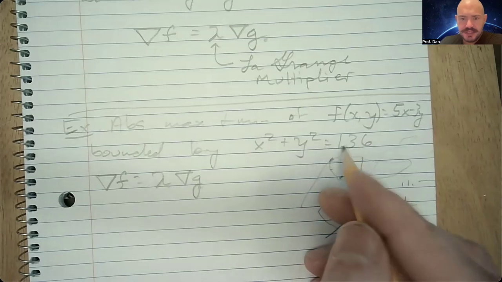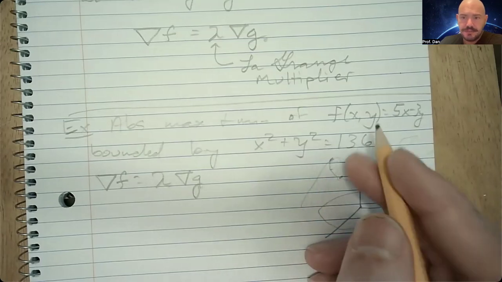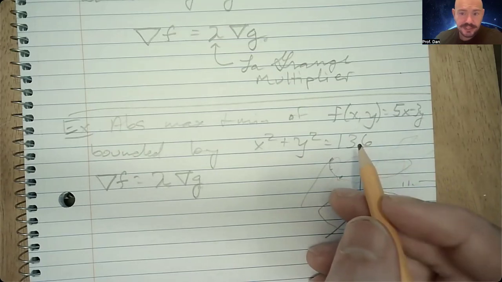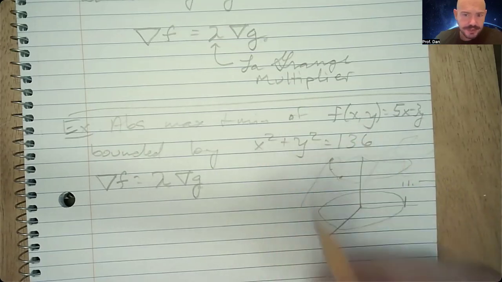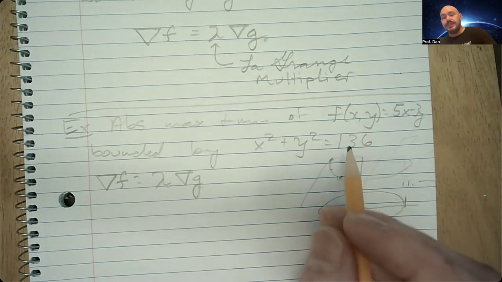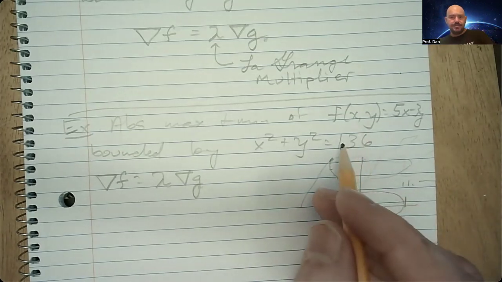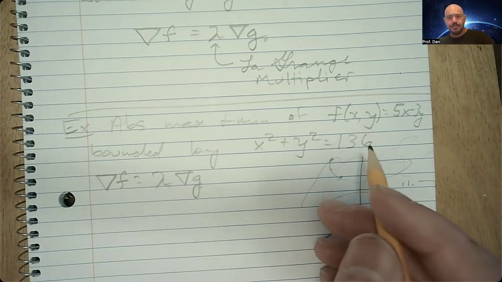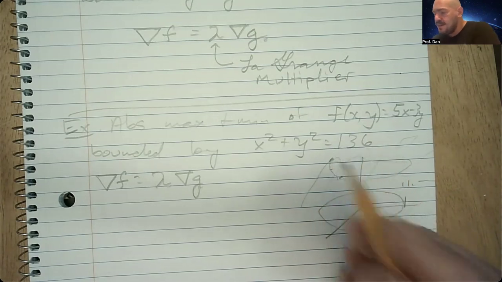But because 136 is the only thing on this side and it's a constant, I'm not going to worry about it. I'm just going to use x squared plus y squared, because if I were to take the derivative of this with respect to any variable, it would be zero. So I'm not going to lose sleep over it.